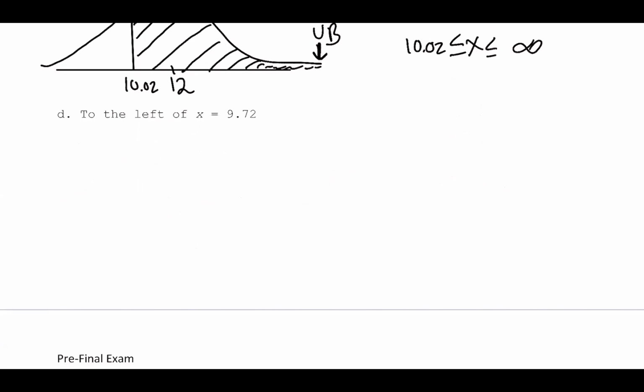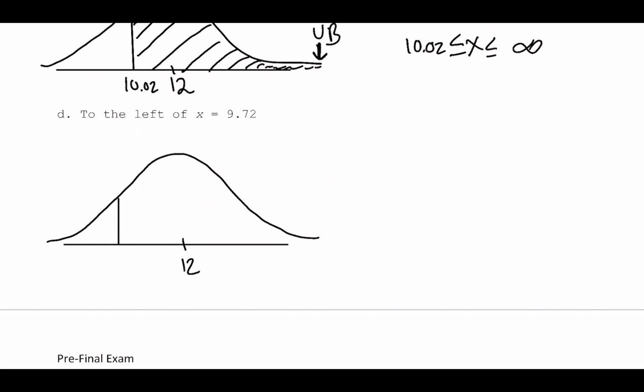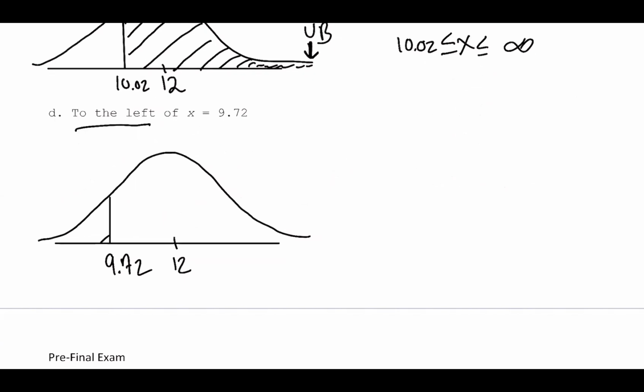For part D, it says to the left of x equals 9.72. So we'll go ahead and draw this again. Here in the middle, here goes 12, here goes 9.72. If you look at this to the left, so to the left is the left-hand side.